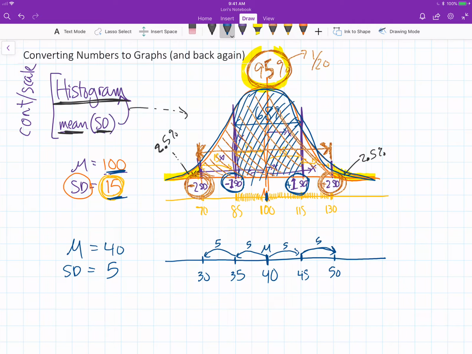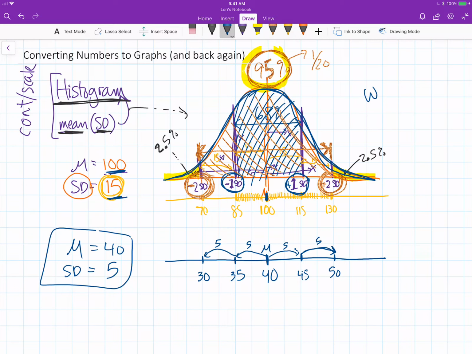So what this tells us is if we're given some specific numbers, we can actually convert them to the scale that goes along with the graph that we would use to draw that particular item. Now, this can go somewhat wrong.